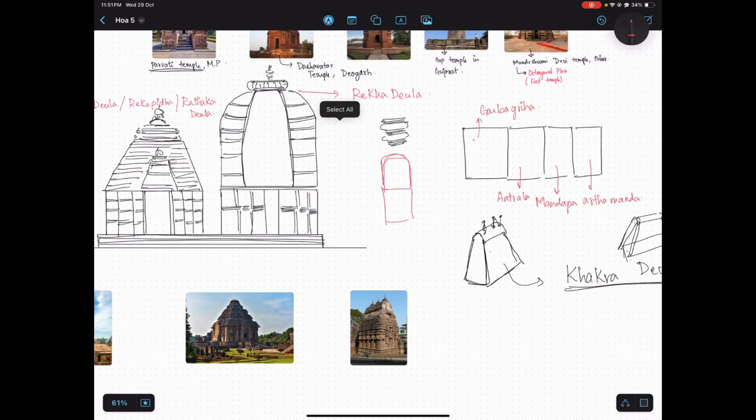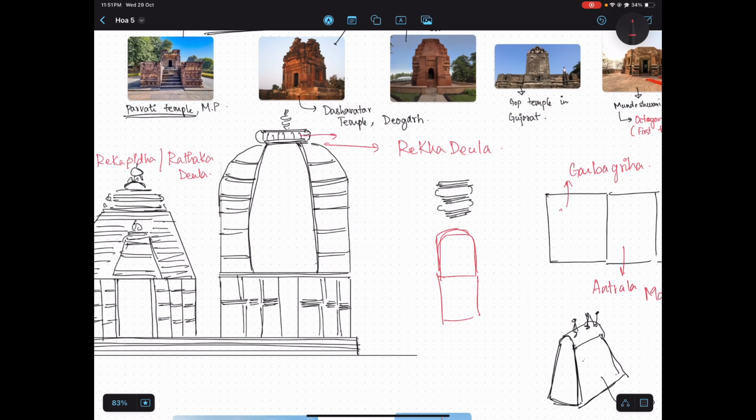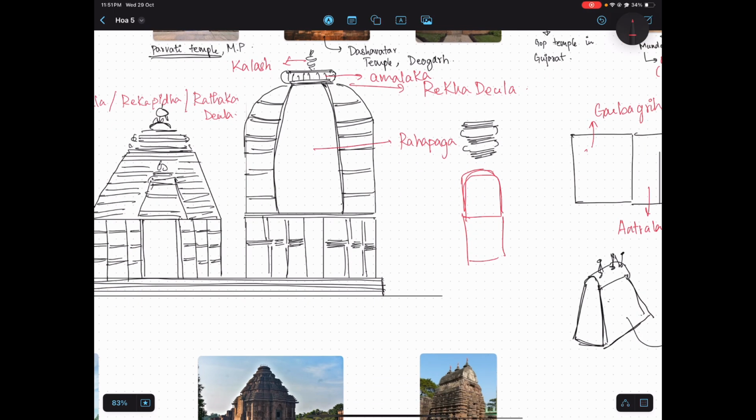I'll talk about the other parts here now. So this is our Amalaka, which is like a circular stone, and above that is our Kalasha. And this portion in the middle is called Raha Paga. The whole structure is elevated above the ground, and that is called Pista.